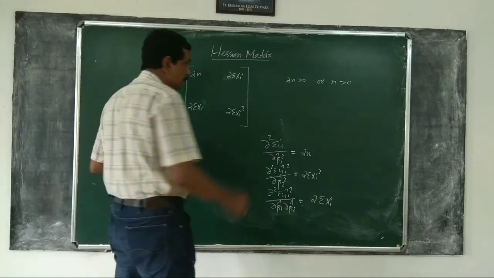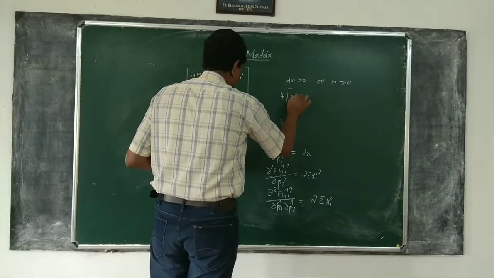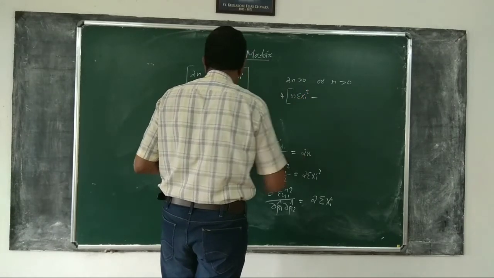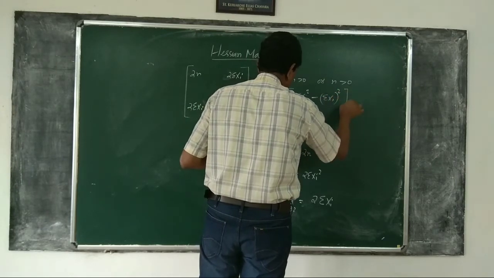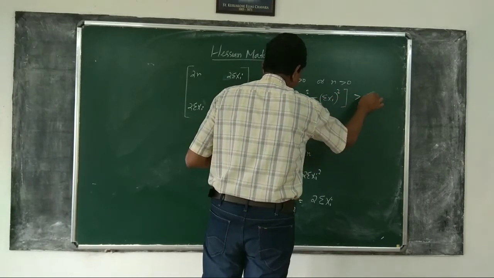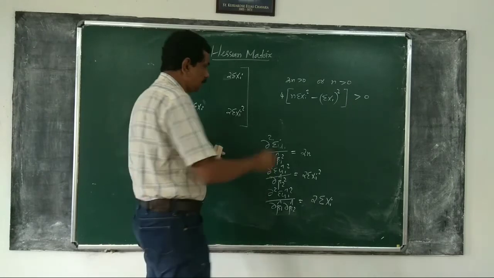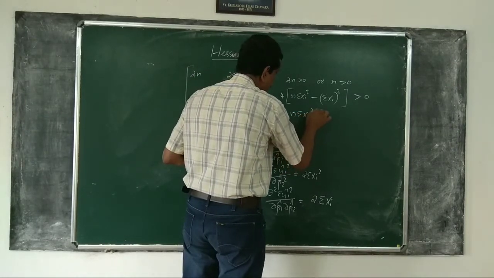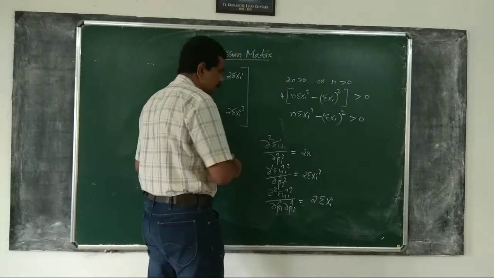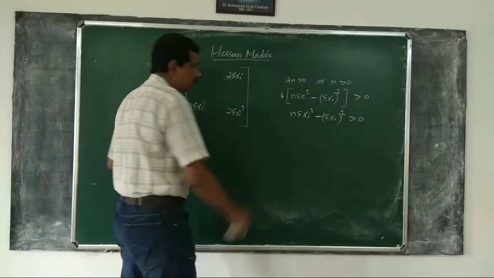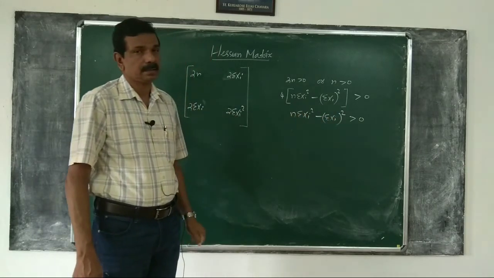That will give us 4 times n into sigma xi square minus sigma xi the whole square greater than 0. So n into sigma xi square minus sigma xi the whole square is greater than 0.